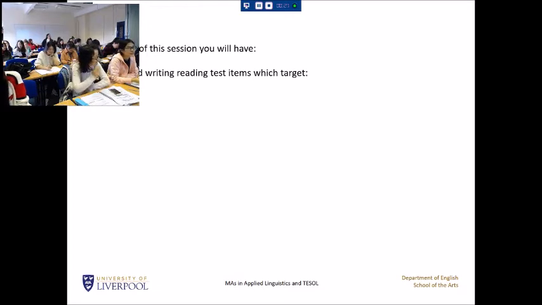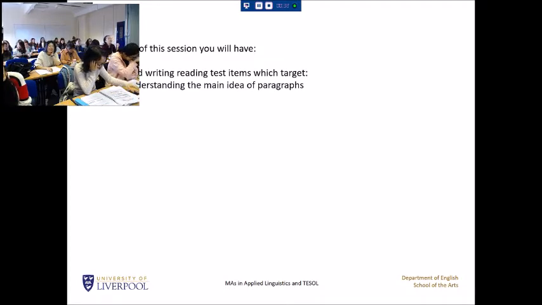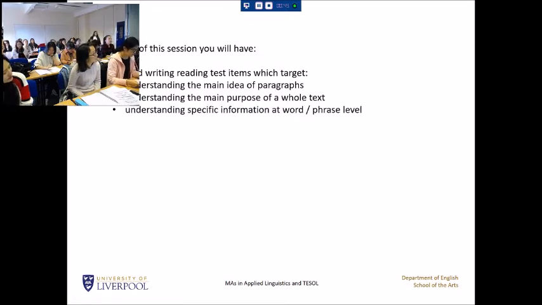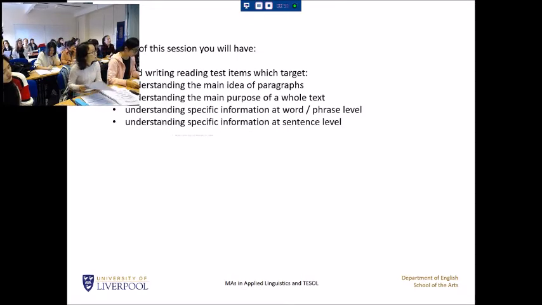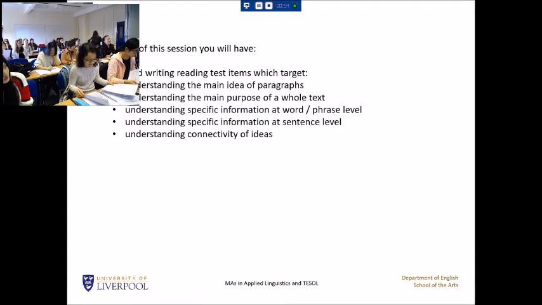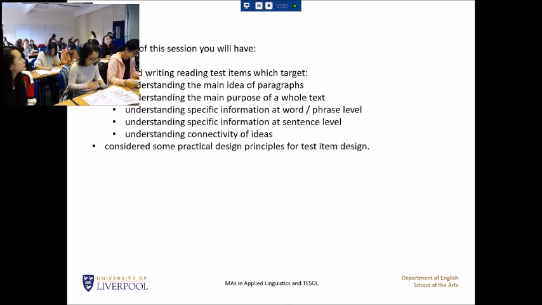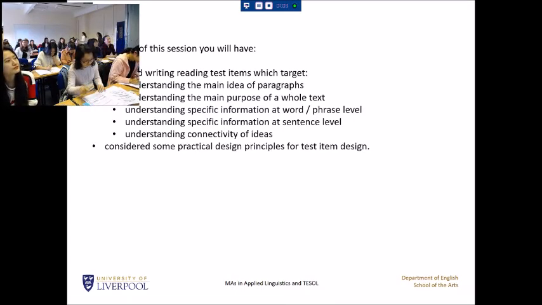These will target, first of all, getting students to demonstrate they understand the main idea of paragraphs, understanding the main purpose of a whole text, understanding specific information from word and phrase level, specific information at sentence level, and possibly, if time, understanding connectivity of ideas, that's cohesion throughout a text, using cohesive markers. We'll also have looked at some practical design principles for test item design.